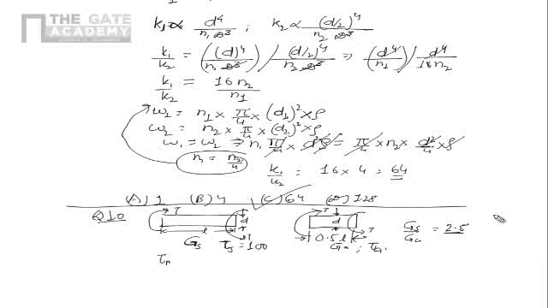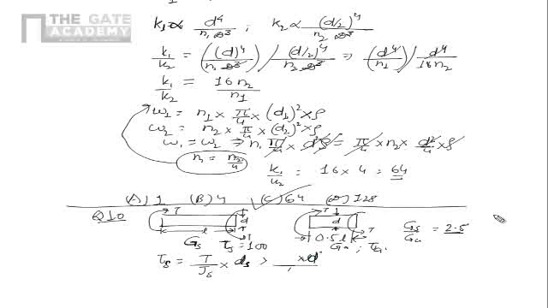We know that tau max or tau steel is T upon J steel multiplied by the radius. Sorry, this is T upon J into ds, which is the diameter of the steel shaft, which is nothing but d.